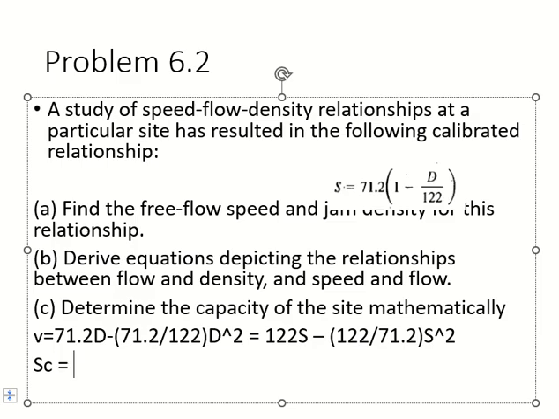then your critical speed equals how much? Half of 71.2 is 35.6. And half of 122 is 61. Any problem? Everything good?